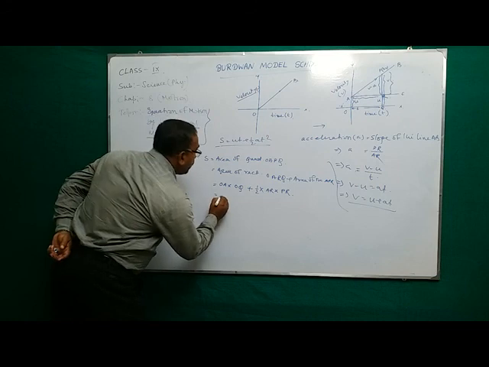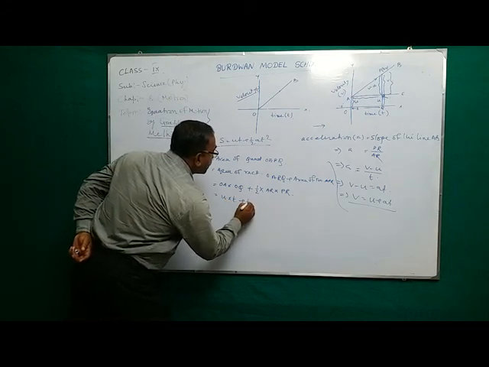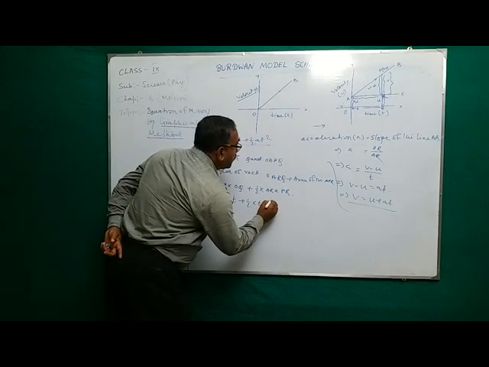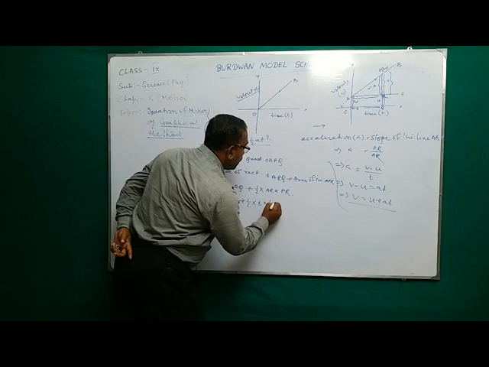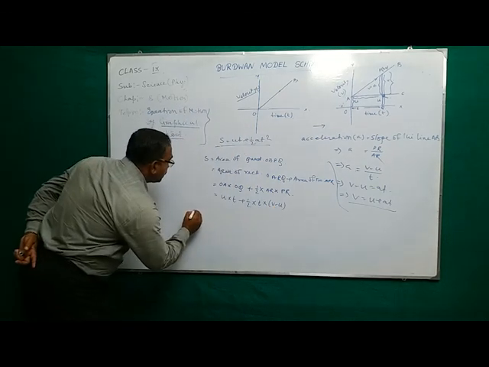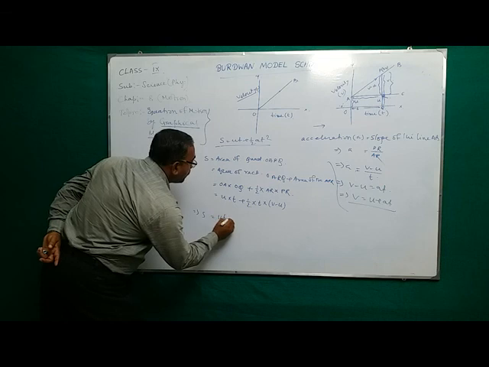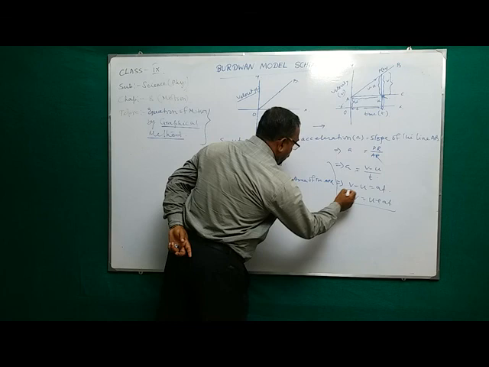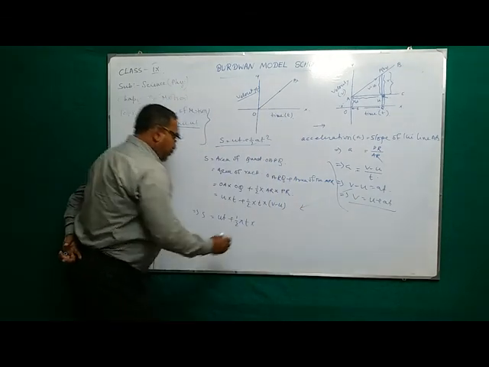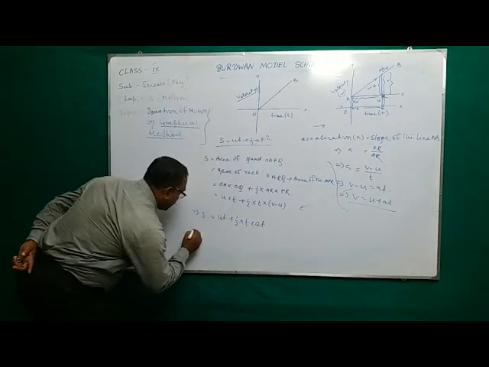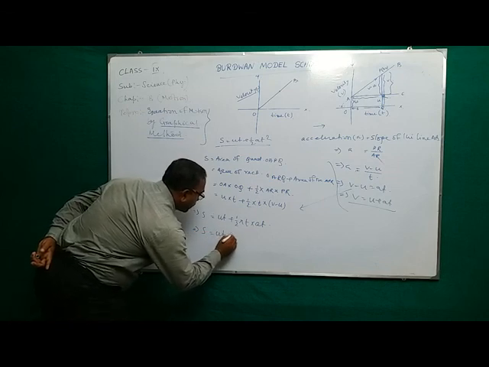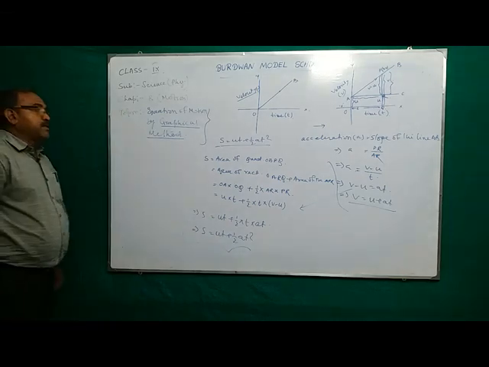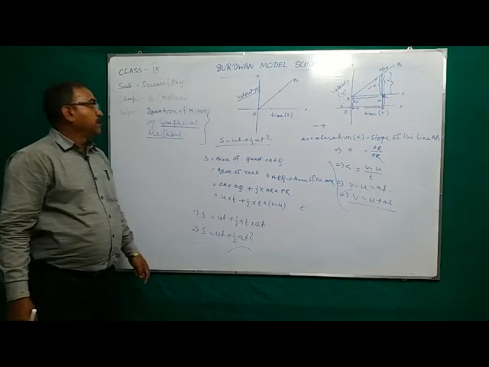So OA equal to U, OQ equal to T, plus half into AR means T, PR means V minus U. S equal to UT plus half T into V minus U. V minus U equal to AT. S equal to UT plus half AT square. Clear? Yes or no? So you check it.